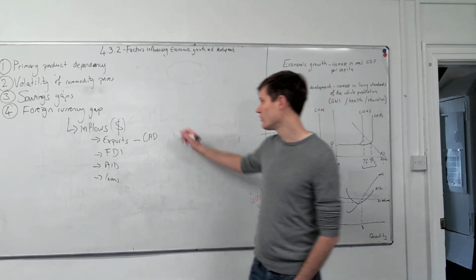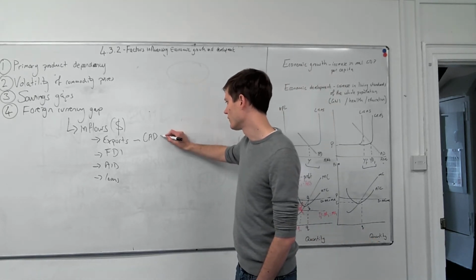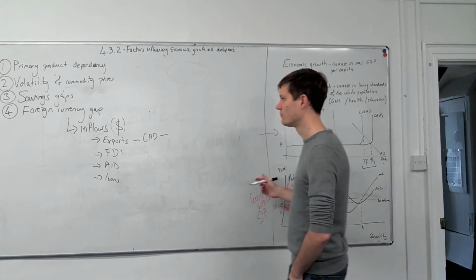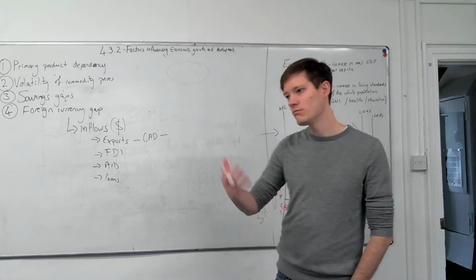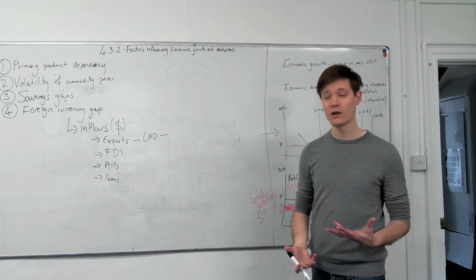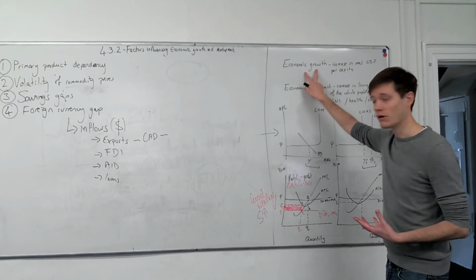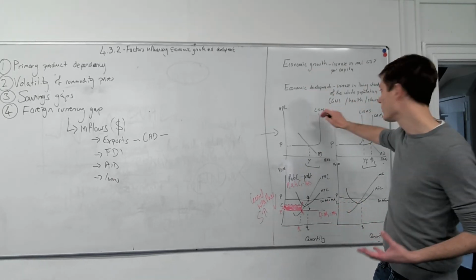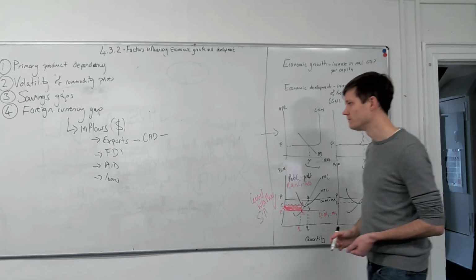If you run out of dollars in your country, then you're unable to buy imports. So you become less able to buy important medicine, possibly important capital goods that you need to diversify your economy, create economic growth, but possibly even to improve healthcare and other areas of economic development.